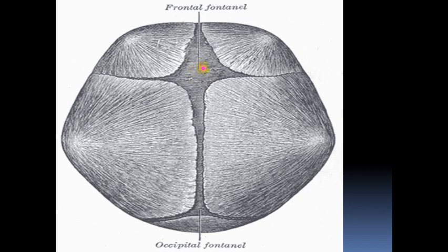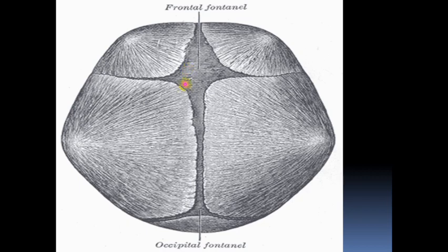Also, it will give you an idea about the degree of molding, or overlapping of the bones, of the fetal skull, and from its position we can assess the degree of internal rotation required for the fetal head.